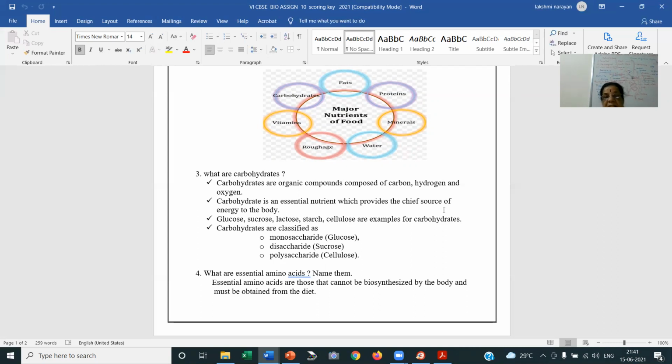The essential amino acids are those that cannot be biosynthesized by the body and must be obtained from the diet.